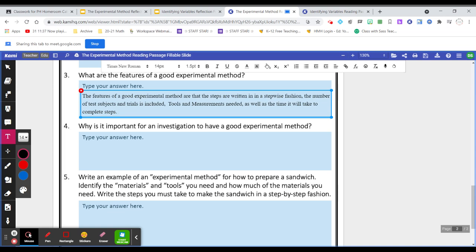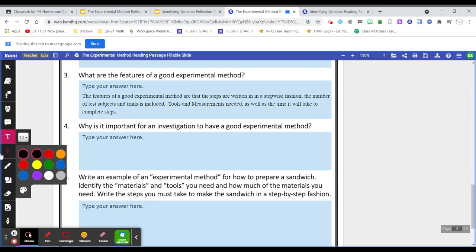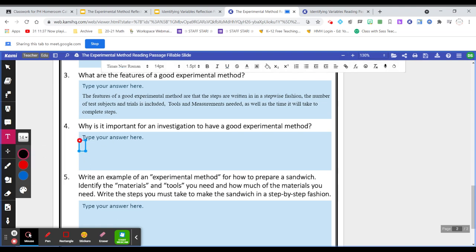If I don't use cold water, I only use hot water, are my results reliable? No, right? So we want to make sure that it's written correctly so that people can check to make sure that our work is reliable. You can go ahead and write that.